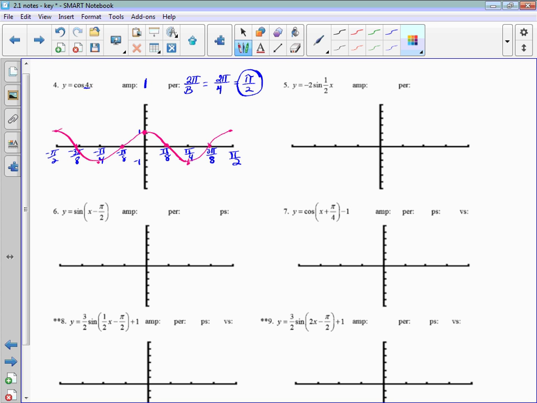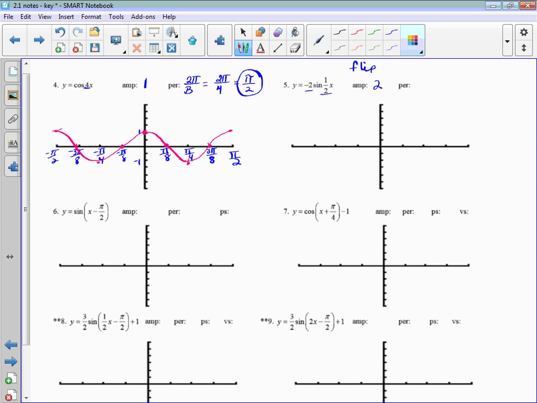Okay, this time we've got -2 sine of 1/2 x. So I've got a negative to think about, I've got a 2 to think about, and I have a half. So what does the negative do? Flips, okay. What is the 2? Amplitude, yes, the amplitude is 2.